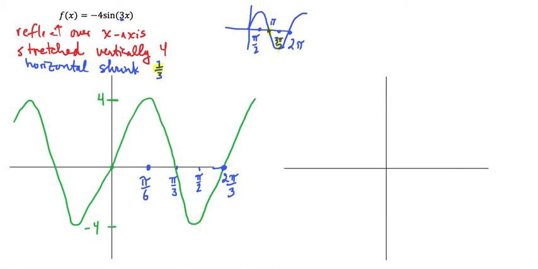And so we've taken care of the vertical stretch by 4, we've taken care of the horizontal shrink, and then we're going to graph our final answer here, which is what it looks like after we reflect over the x-axis. So all that means is instead of going up, we're going to start out by going down. So we're going to go down, and then we're going to come back up, and then we're going to come back down, just like so.